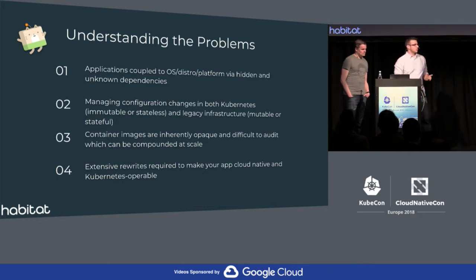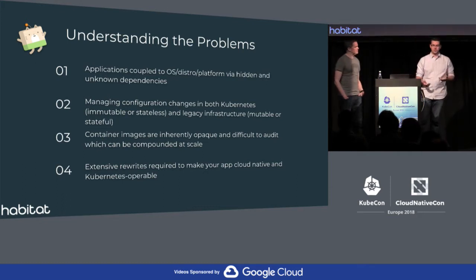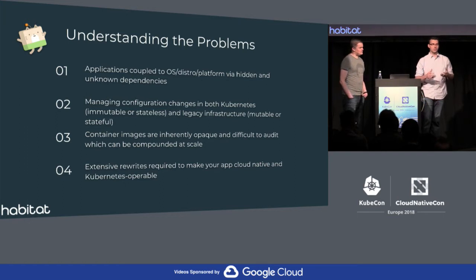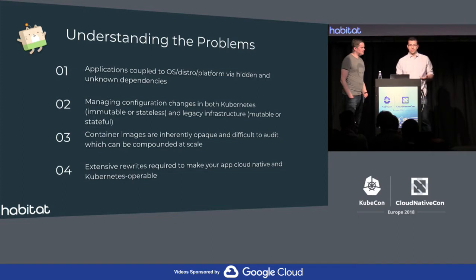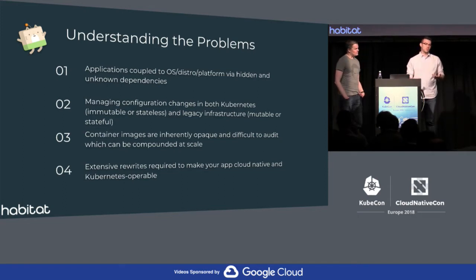One of the other issues that we see in the Kubernetes space is managing configuration. When you need to make a configuration change, sometimes you might have a hybrid workload where your application's running in AWS or on a VM and also in Kubernetes. How do you manage the configuration disparity between those two things? Habitat manages all that for you because all the logic for that is encoded in your application.